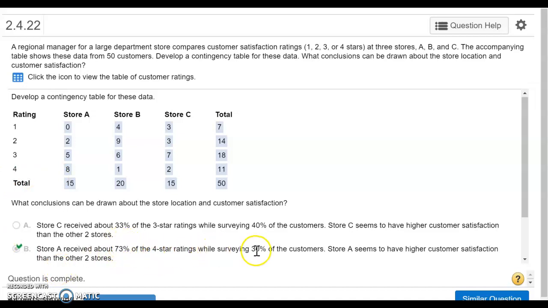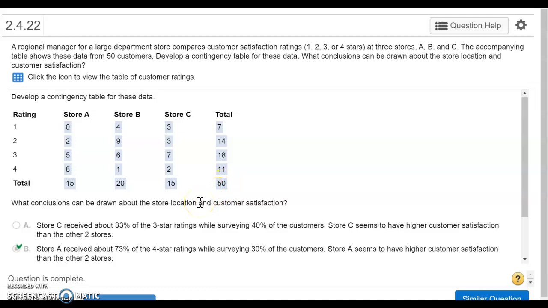And it says it surveyed 30% of the customers. Well, let's look at store A. There are 15 customer ratings, and there is a total of 50 in all.